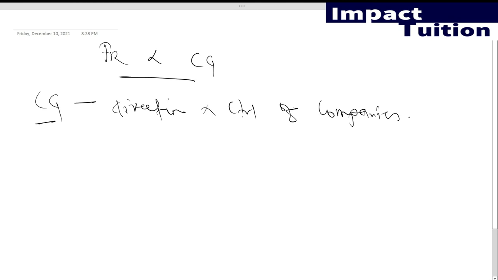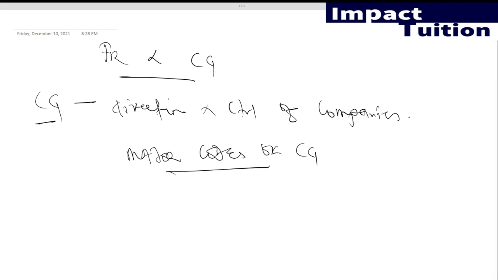Okay, now let's look at the major codes of corporate governance. The OECD principles of corporate governance, that is the first one.